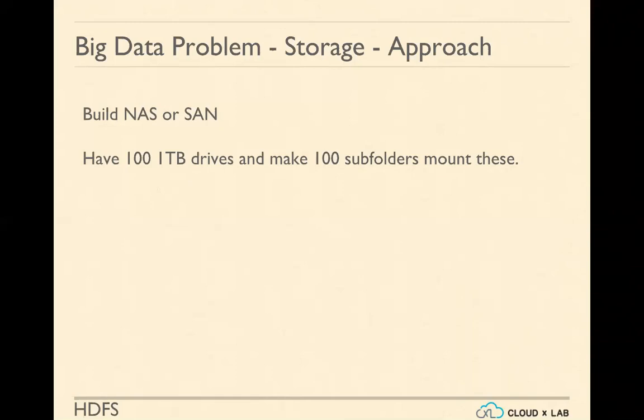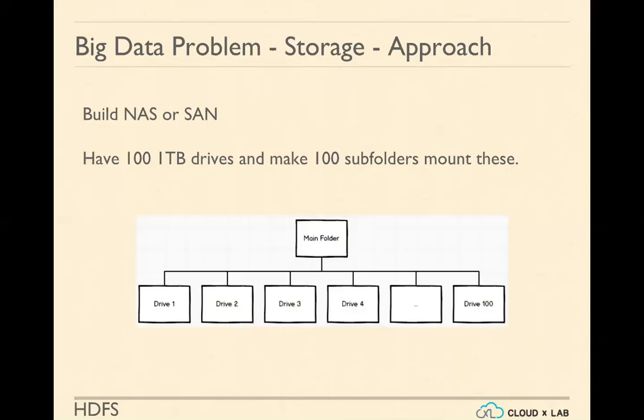So what we do is we take lots of computers having multiple drives, and we connect these computers to the network, and then mount these multiple drives to one or two computers such that each drive is a folder.